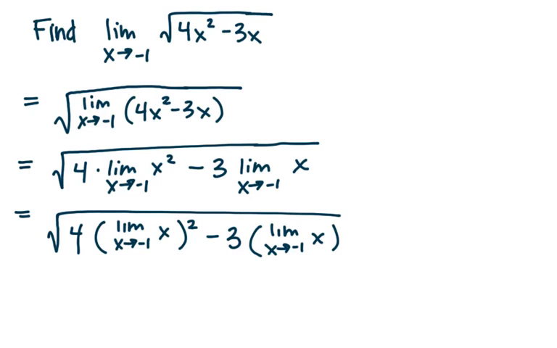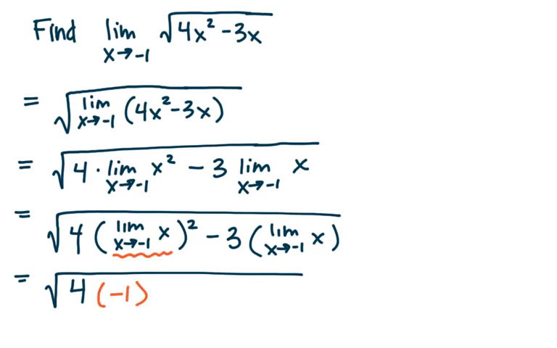So the limit as x goes to negative 1 of x is going to be negative 1. So this is the square root of 4. This limit value is going to turn into negative 1. The squared will remain, minus 3. And then again, the same limit value will be negative 1. And if I look at simplifying this here, negative 1 squared is positive 1, so we have 4.